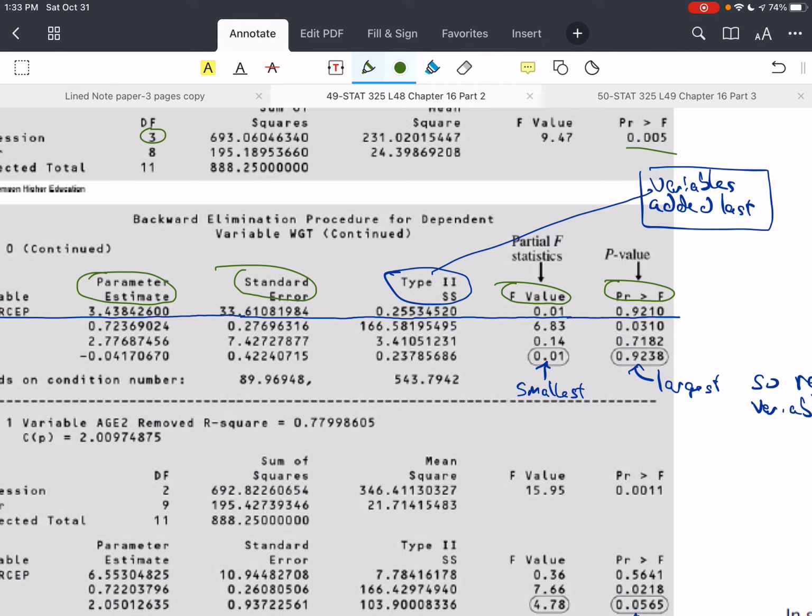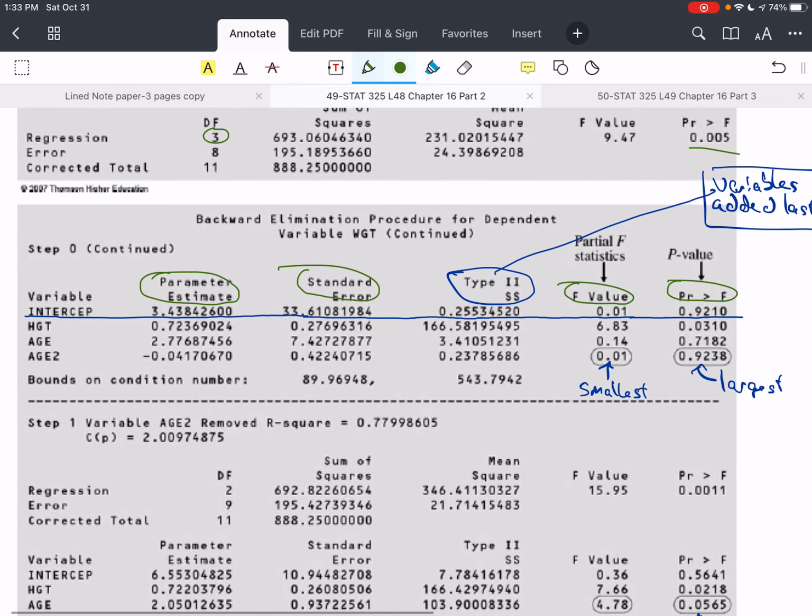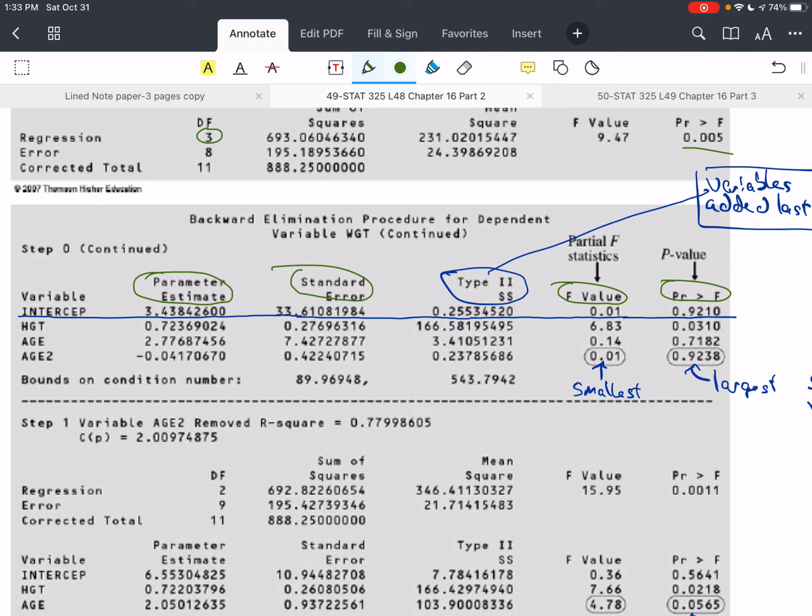All right. So we usually don't eliminate the intercept from these models. We want to keep the intercept in there unless you have a good reason to remove it. I would do this analysis with the intercept, and then if I wanted to remove it, I'd do the analysis without the intercept and compare them before I made a decision.